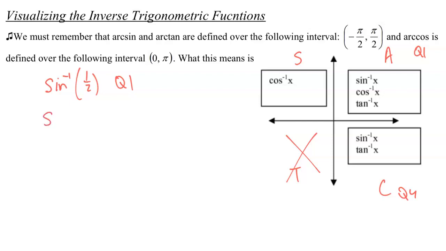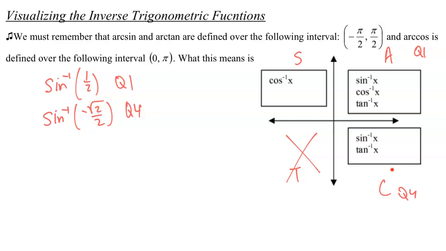Now, on the flip side of that, if I have sine inverse of, let's just say, negative square root of 2 over 2, well, sine inverse of a negative has got to come from quadrant 4, and that's because sine inverse itself has to either come from quadrant 4 or quadrant 1, but because this is a negative, that means it's got to be in quadrant 4.